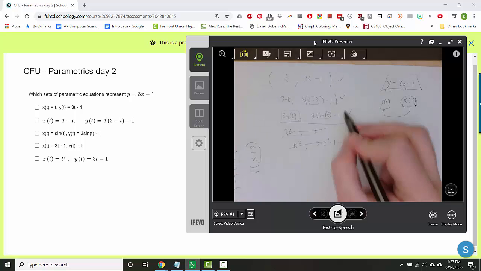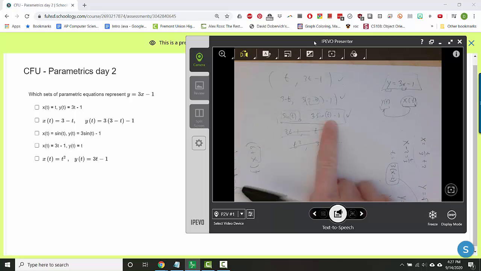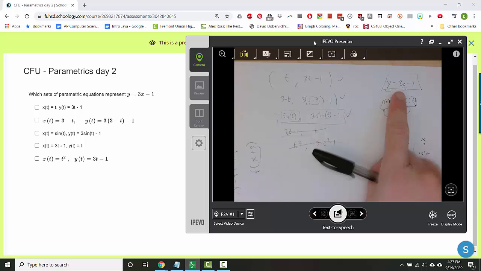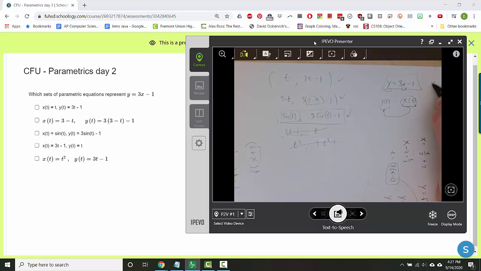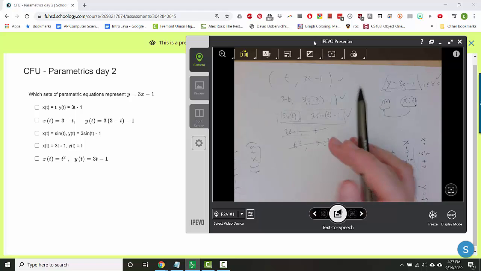So even though this parameterization of the line lies on top of this curve, it's this curve, but with the domain restriction that x is between negative 1 and positive 1. So if you left this one off for that reason, then no problem. Like, that still makes sense.